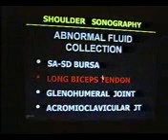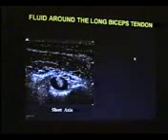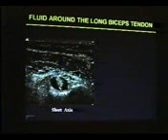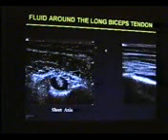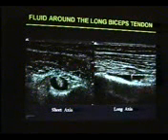This is the humerus. Here is again a clearer image showing fluid with thickened wall of the bursa. This is the long biceps tendon, and fluid around the long head of biceps in short axis, and in long axis you can see fluid around the tendon.